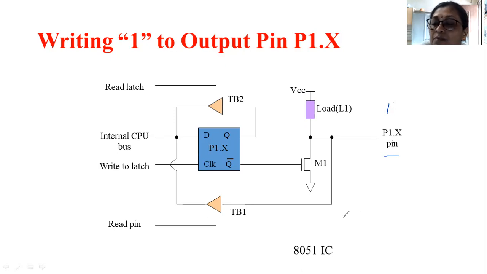X means X pin, whatever it may be, 0 to 7. So here port 1 is shown, and the same kind of operation is followed in case of the remaining ports also. So how to write 1 to port number 1, that is what we are going to study.